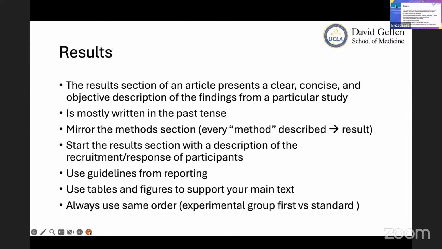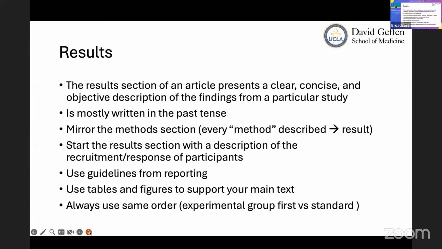You have to start the results section with a description of the recruitment and response of the participants. Let's say it is a cross-sectional survey, you say we sent the survey to X number of participants, X number responded. This is the proportion of the participants who actually responded to the survey. If it's a randomized controlled trial, you say how the sample size was calculated, how you got to that point, what the difference is between each group, and then the p-value and things like that.